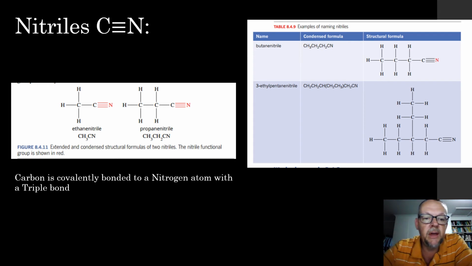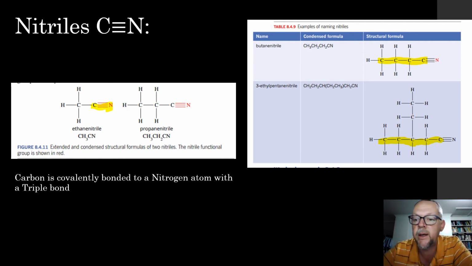Now nitriles are characterized by the carbon to nitrogen triple bond. So if we want to name something like this, we've got, for example, a butane molecule. This is just a butanenitrile. Now let's have a look at this one here. This is a 1, 2, 3, 4, 5, yep, or I could go 4, 5 up there, couldn't I?